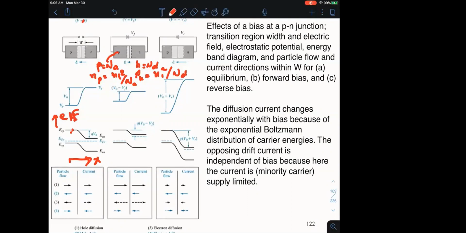So these band edge variations are basically a variation of the electron potential, and that's shown in the middle row. And as you can see, the variation of the electrostatic potential is sort of the mirror image of the variation of the band edges, and that's because the electron energy, minus Q times the potential, will go down. Okay.